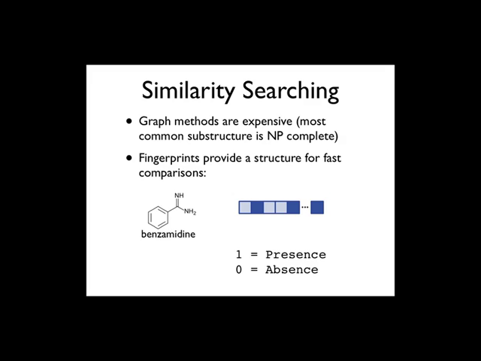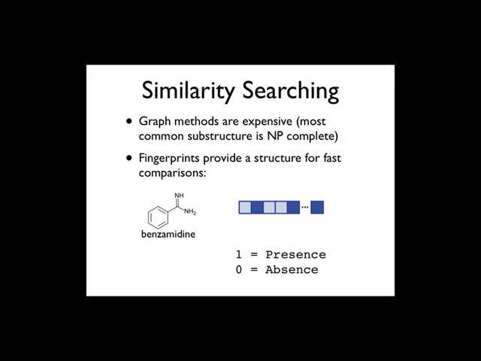One way to do that would be to use graph methods using the 2D or even 3D structures I showed you in previous slides, but they can be very expensive if you have a large database. For example, the most common substructure algorithm for graphs is an NP-complete problem, so you could basically use up all your time just trying to run the algorithms.